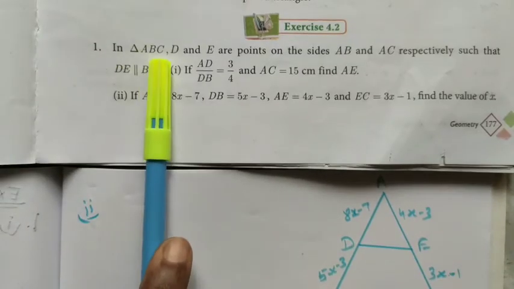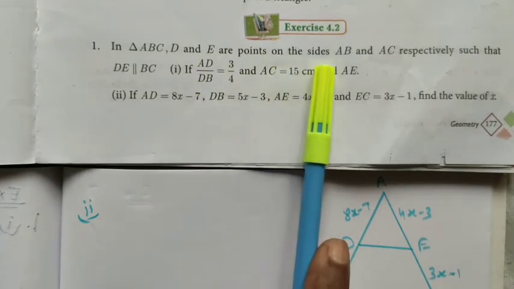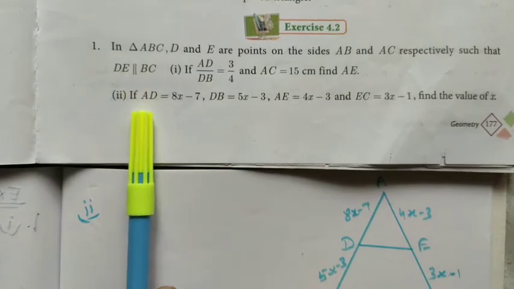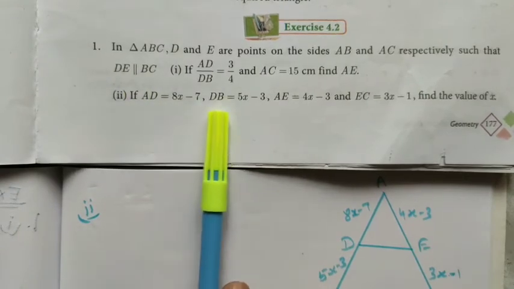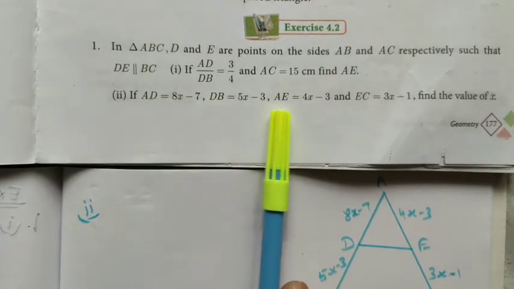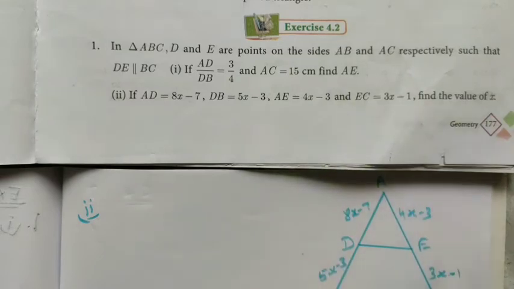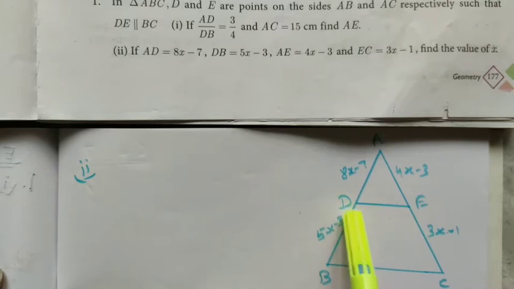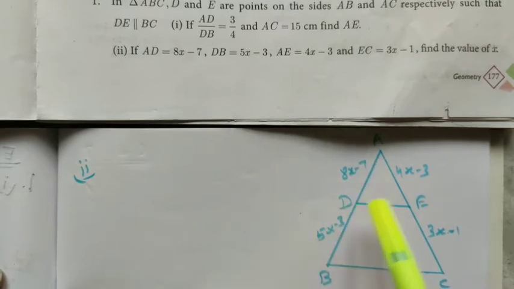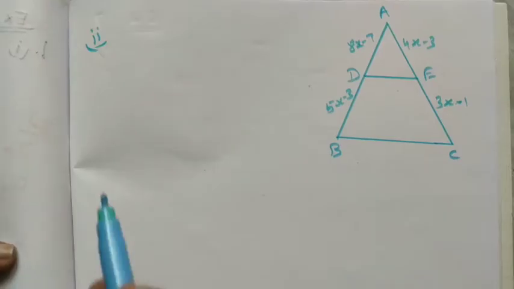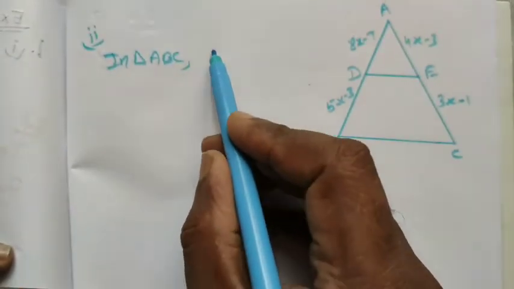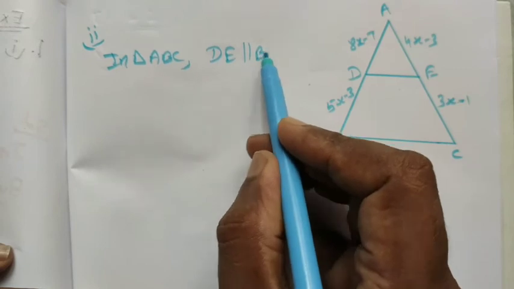The same question: triangle ABC, D and E are the points on the sides AB and AC respectively, such that DE is parallel to BC. AD, DB, AE and EC are given. Find the value of x. So we draw a triangle ABC, DE is parallel to BC.